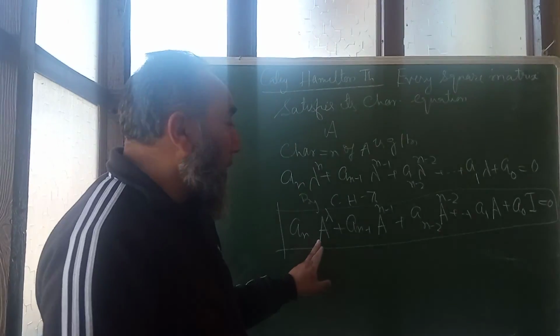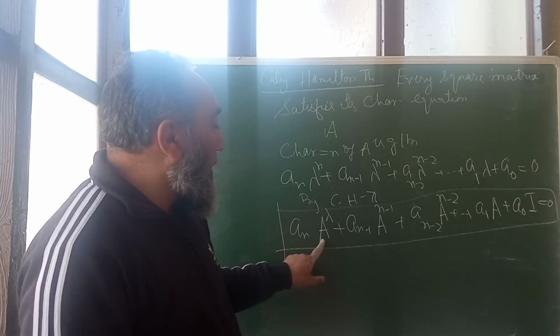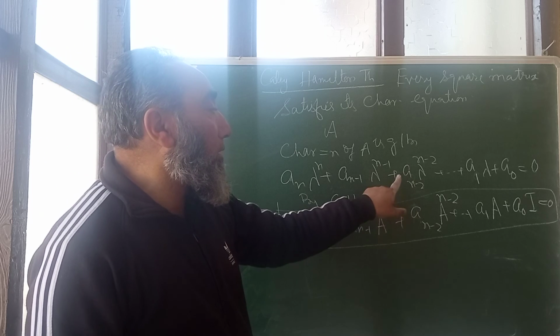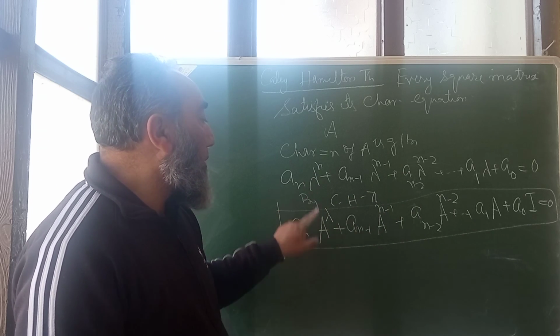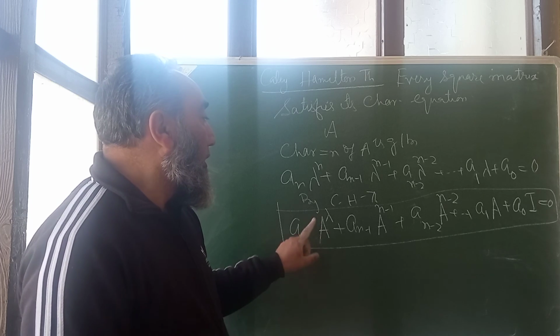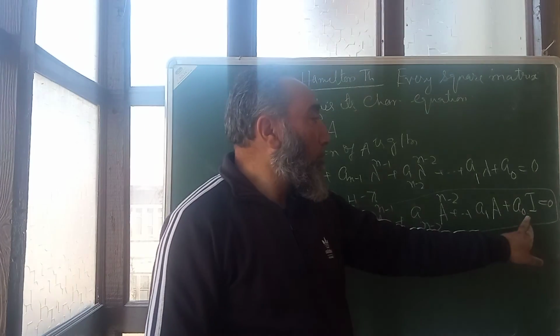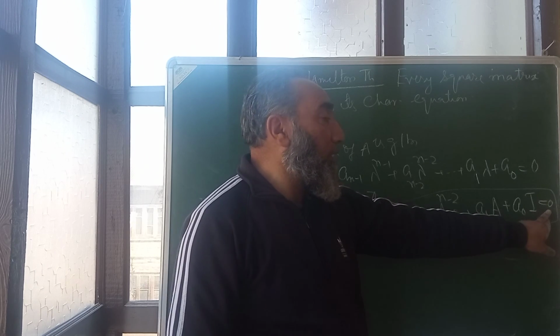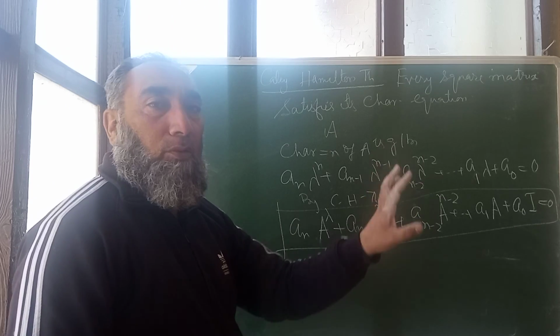This is a matrix now. Every square matrix satisfies its characteristic equation. Instead of lambda, we have A. When we have replaced lambda by a matrix, then you have to multiply a0 by I. And this 0 is not an ordinary 0, this is a zero matrix. Right?